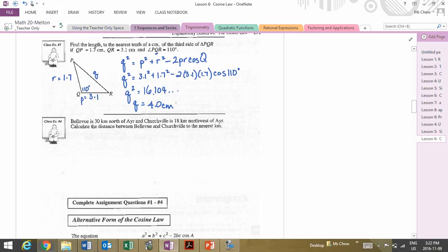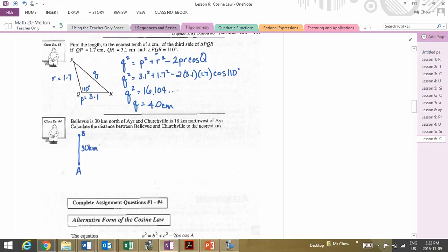So on to the next one, class example number 4. So we've got Bellevue, which is 30 kilometers north of Ayr. So let's put in Ayr, and we'll conveniently label that A. Bellevue, we'll say north is directly straight vertical above, kind of like going to your positive y-axis, and that is Bellevue, and that is 30 kilometers.